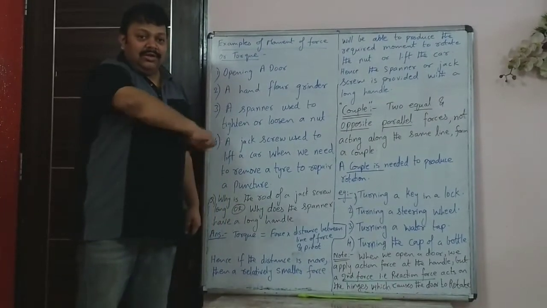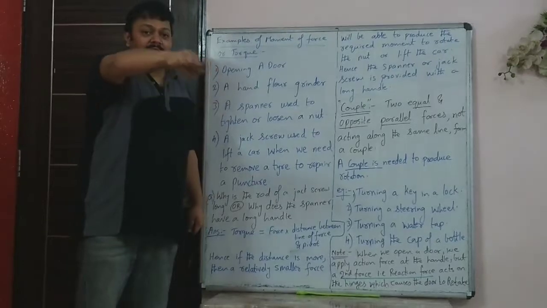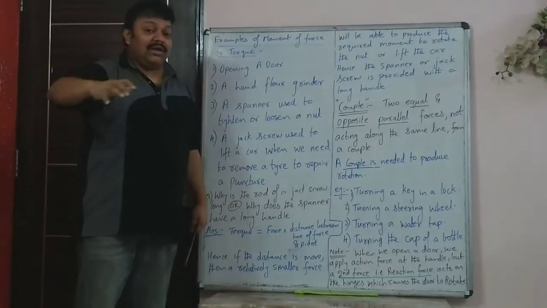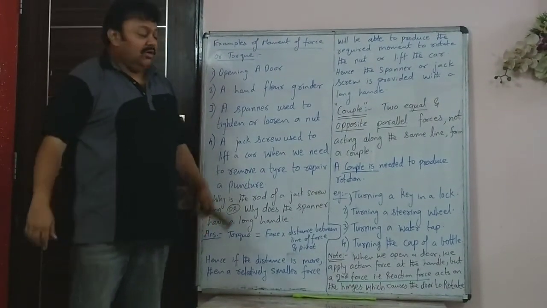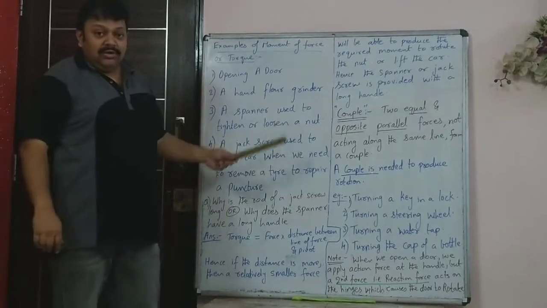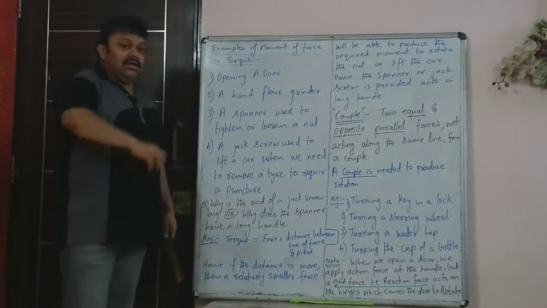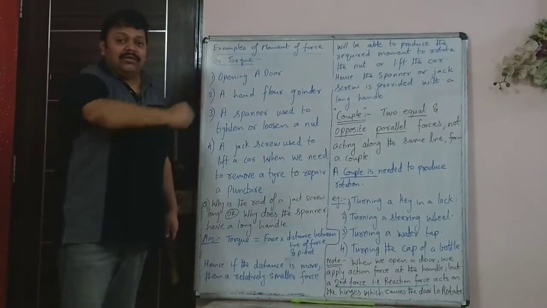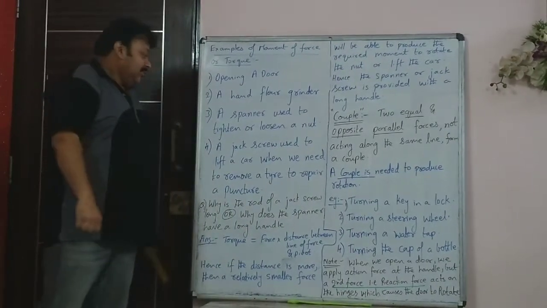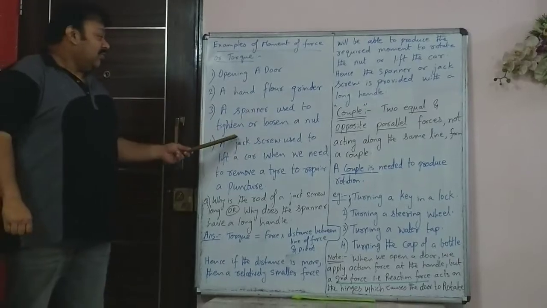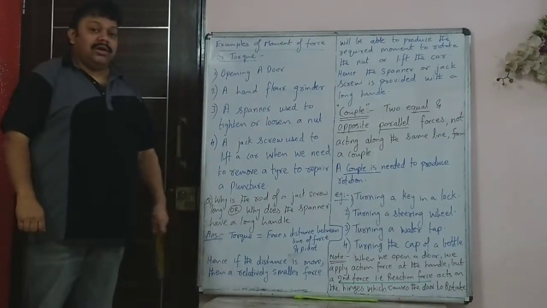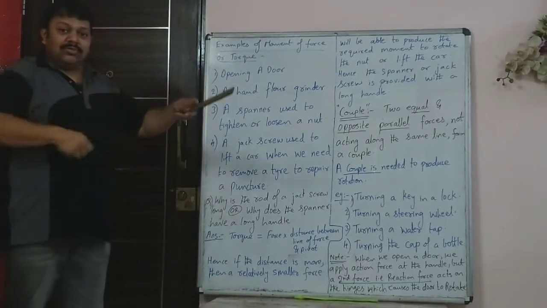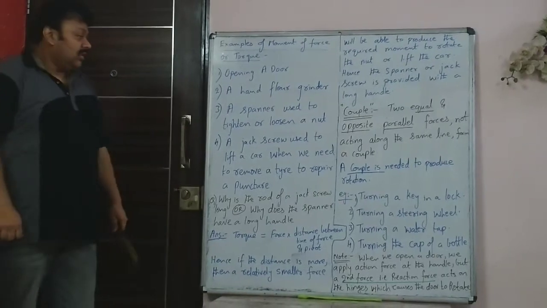That same thing, the hand floor grinder, is used to grind flour or wheat and get atta out of it. There is an outer rim, and on the rim there is a handle which you have to rotate. A spanner is used to tighten or loosen a nut. So you use a long spanner to tighten or loosen a nut.